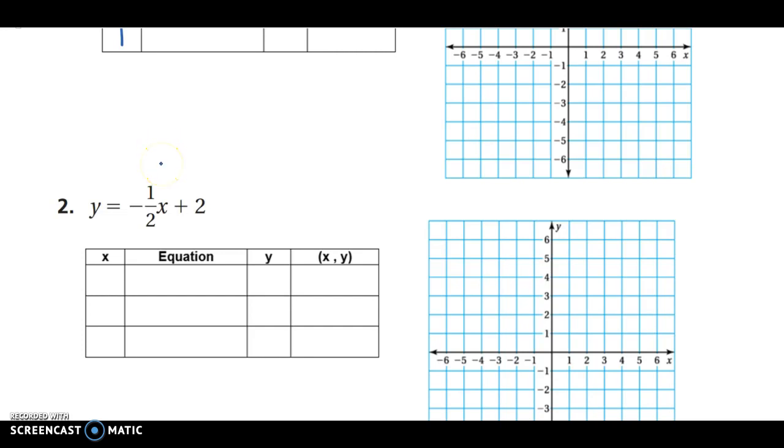Okay, so this one is special, and put a big star here. And we're going to be looking at this. Oh no, there's a fraction.